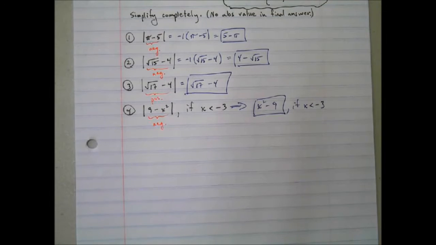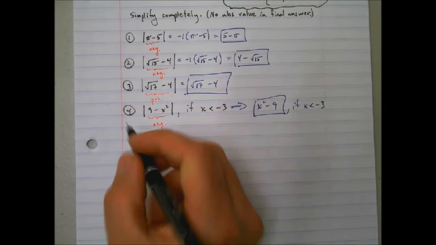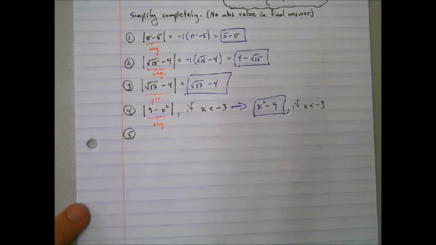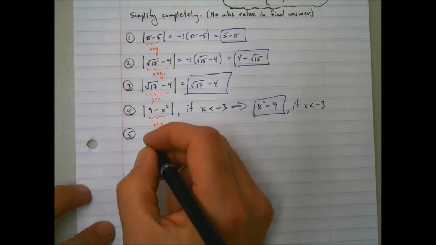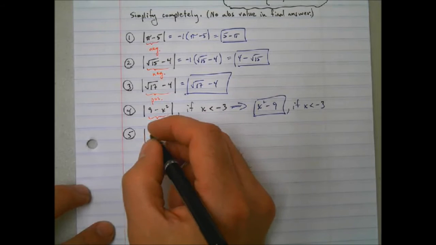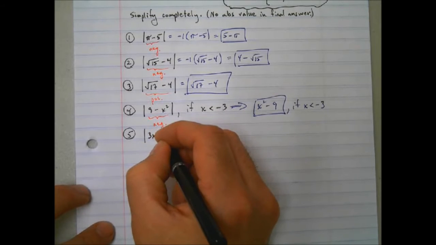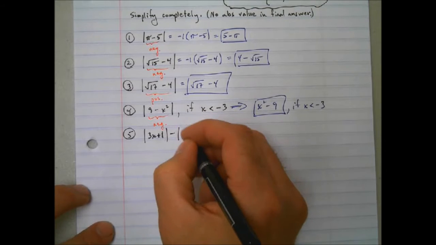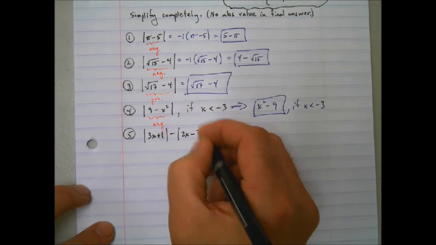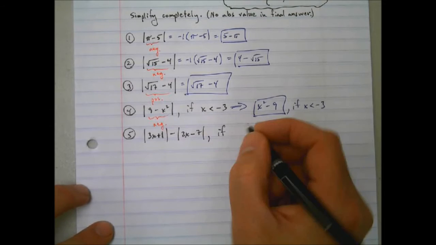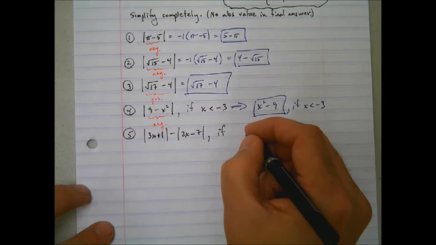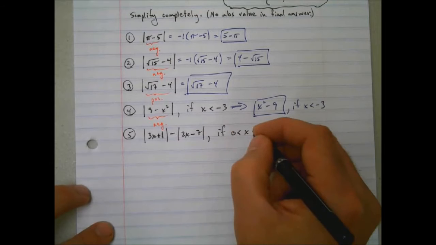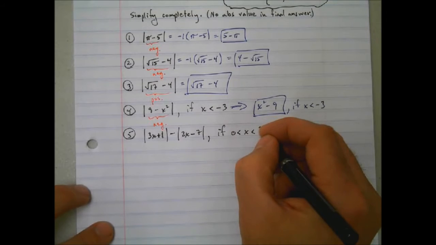Okay. Number 5, which, by the way, is really problem number 18 from your worksheet. So absolute value of 3x plus 1 minus the absolute value of 2x minus 7 if x is greater than 0 but less than 3.